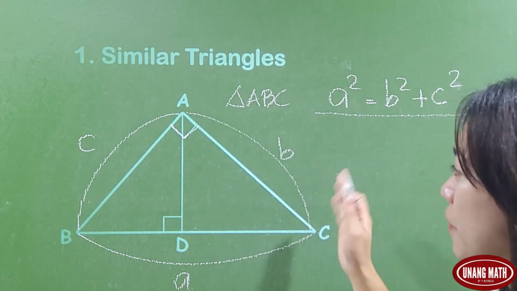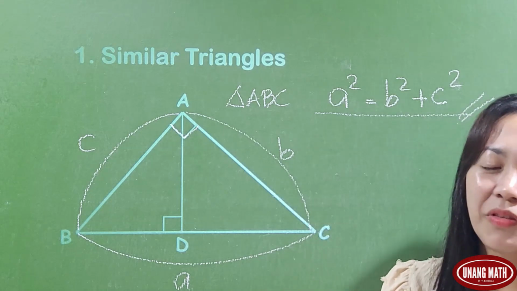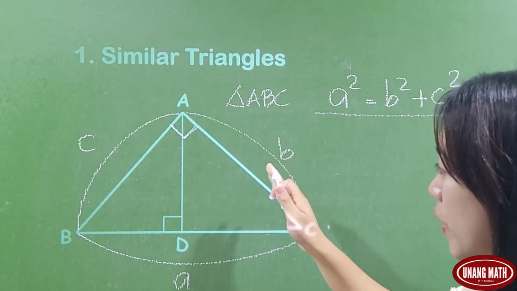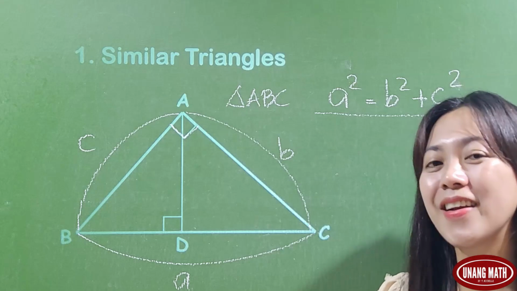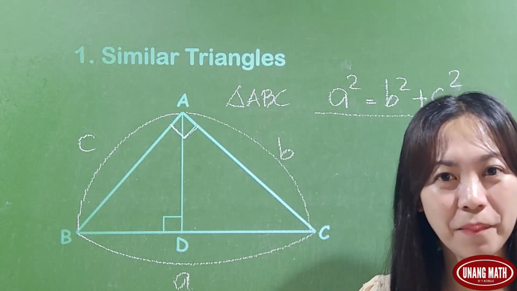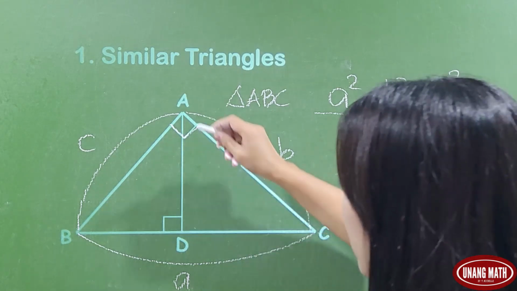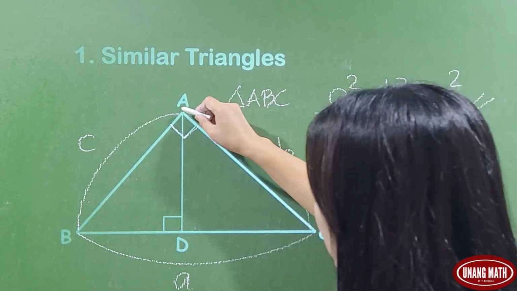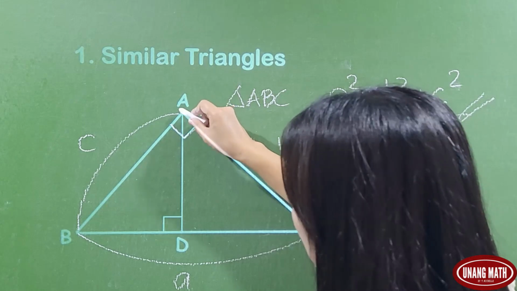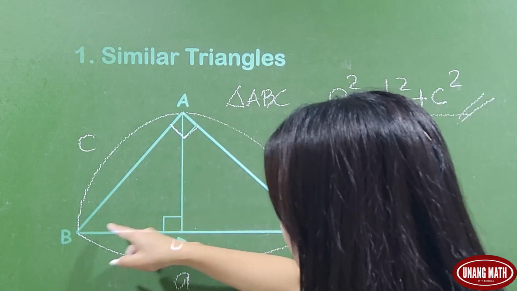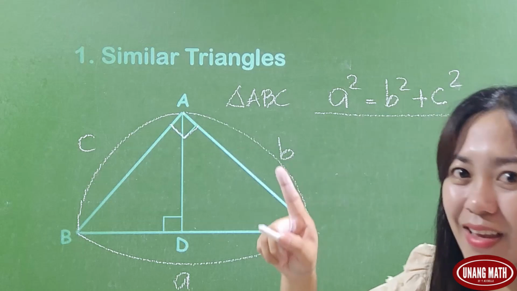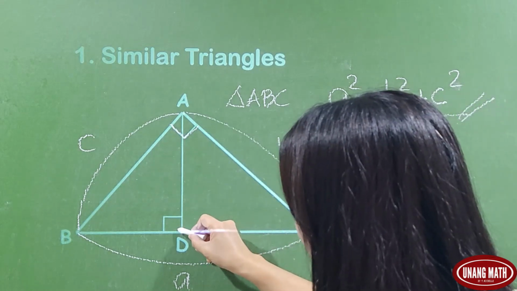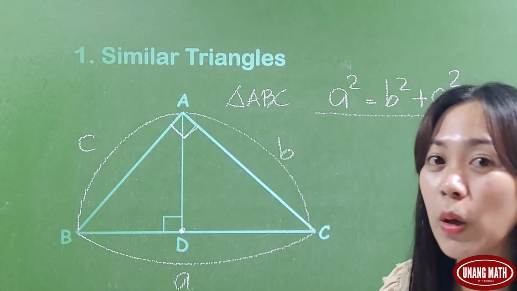In episode 191, we already studied the right triangle altitude theorem. I mentioned there that if we draw a straight line from the right angle perpendicular to the hypotenuse of the right triangle, then this point is what we call the perpendicular foot.